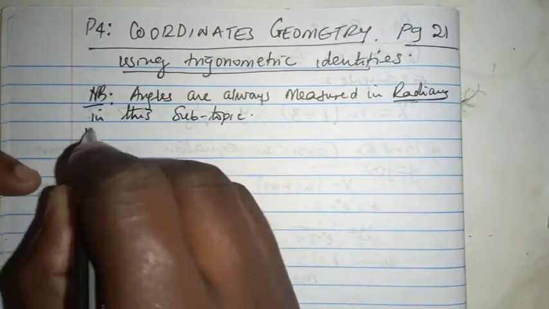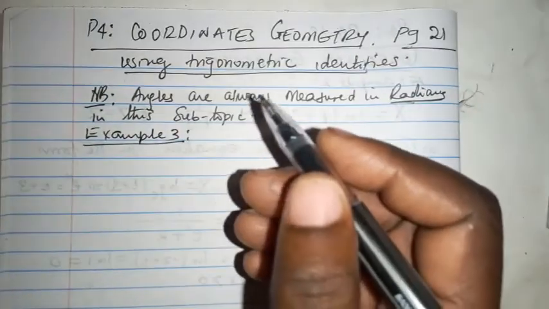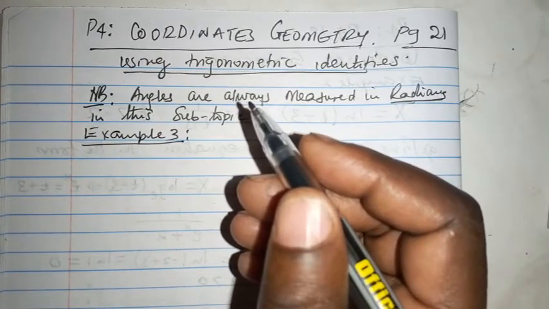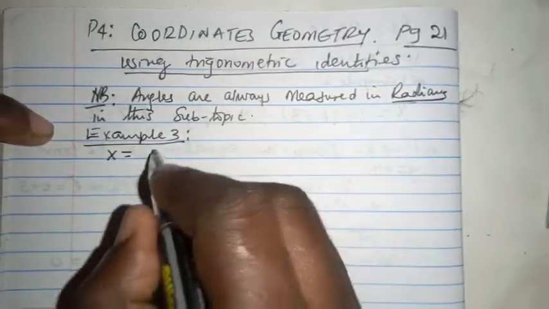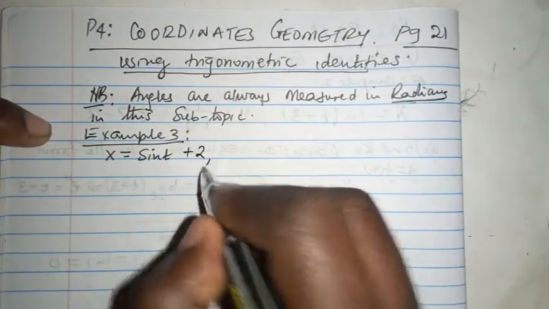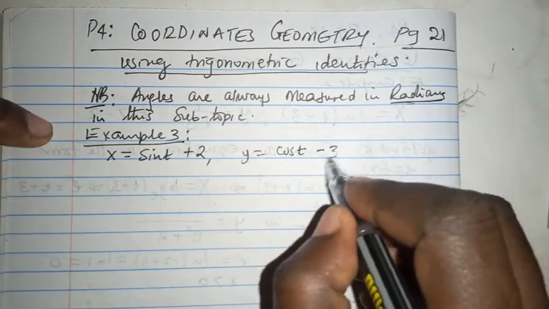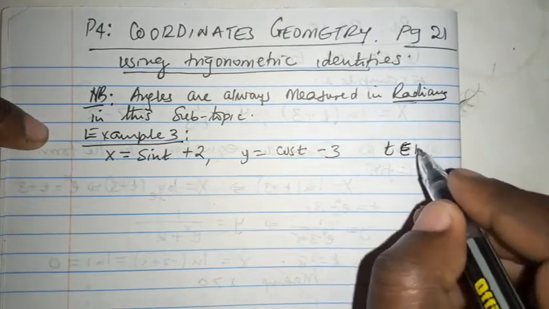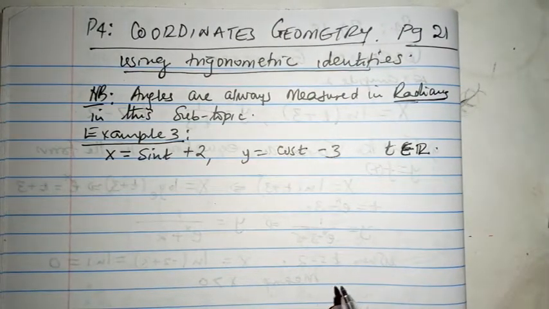I want us to go through example 3, on page 21. A curve has a parametric equation x equals sine t plus 2 and y equals cosine t minus 3, where t is a member of the real numbers.